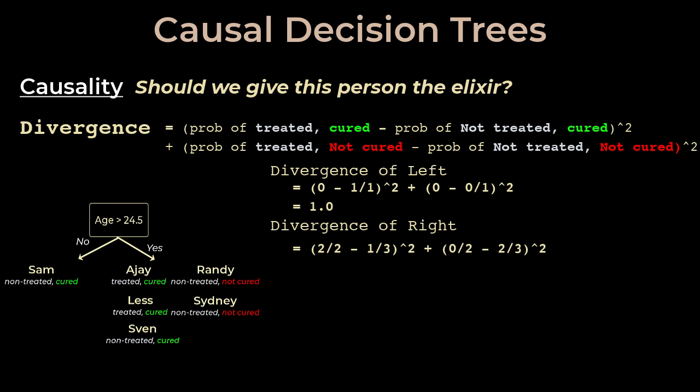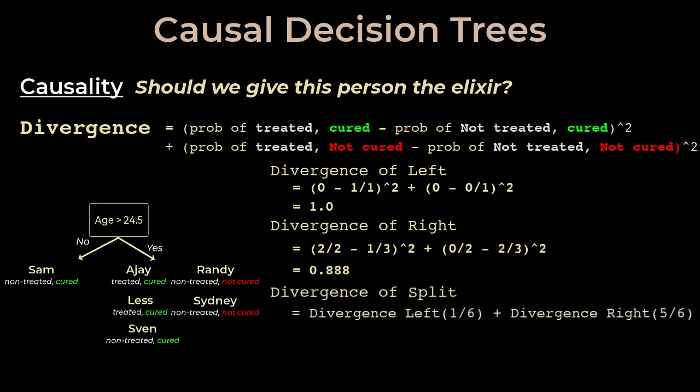Now the third term is the number of treated people who didn't get cured, which is 0, divided by the total number of treated people, which is 2. And then we have the total number of non-treated people who didn't get cured, which is 2, divided by the total number of non-treated people, that is 3. And substituting these values, we get the divergence of the right node as 0.888.